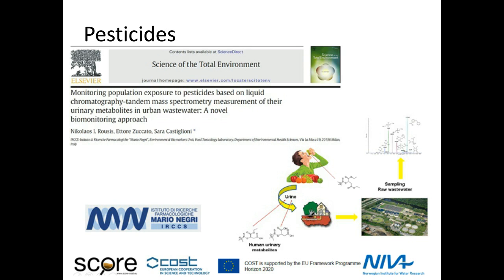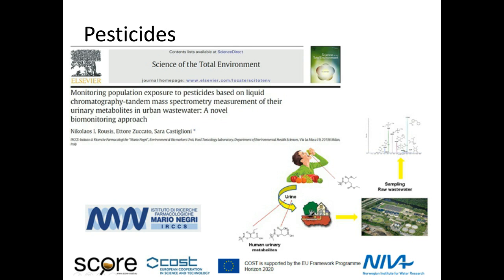We metabolize those, excrete them in urine. We can take a sample of wastewater from a community, analyze that, and try to understand the community level exposure to those pesticides. So again, it's just going back to toxicology on individuals. It's known that these pesticide metabolites can be measured in urine of individuals. We're just moving that to the entire population.